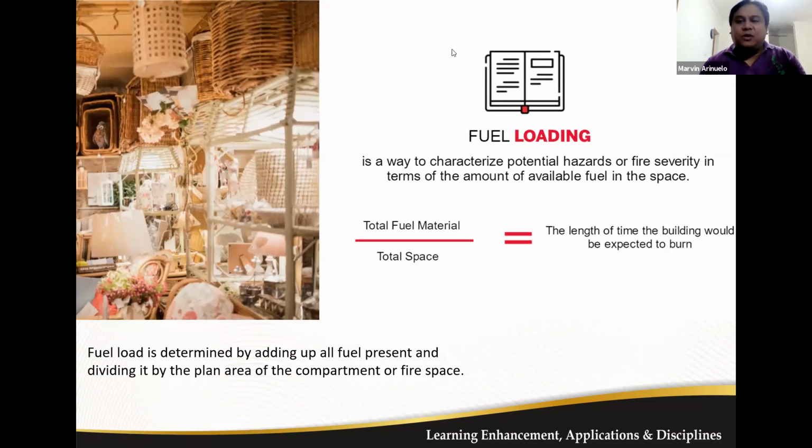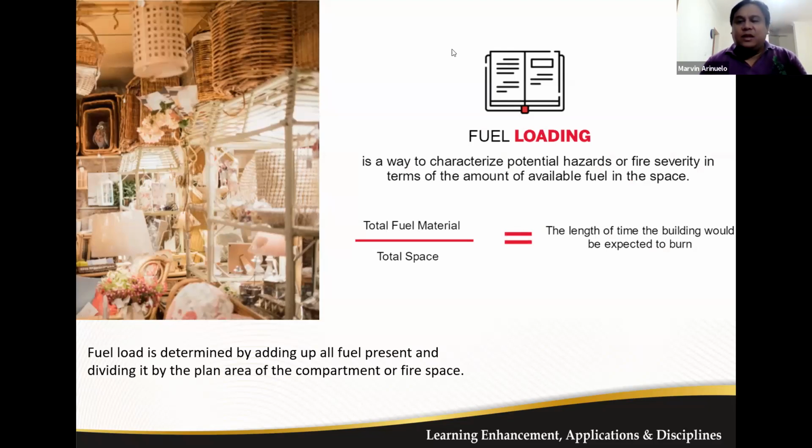It is also important to consider whether those items are close enough together to propagate or spread the fire. The fuel load is determined by adding up the fuel present and dividing it by the planned area or total space of the compartment or of the fire space.